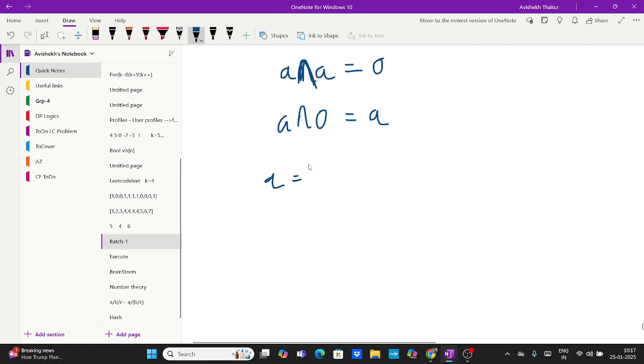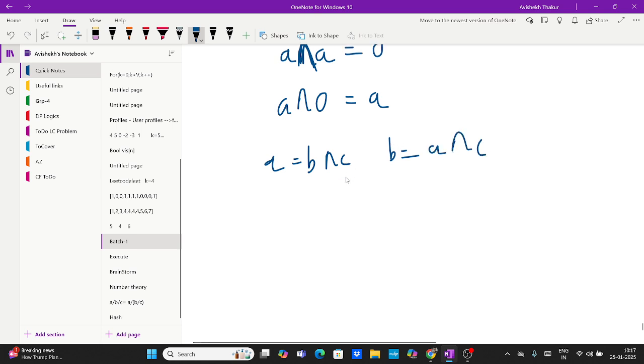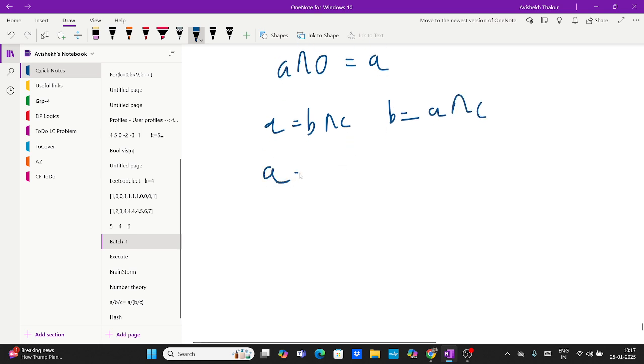If A equals B XOR C, then B equals A XOR C. How is that coming? We have A equals B XOR C, right? So what you do is take XOR C on both sides.